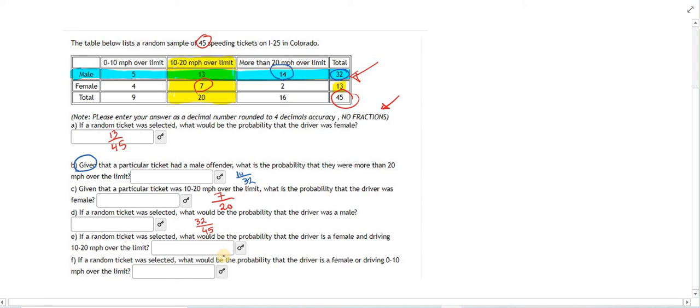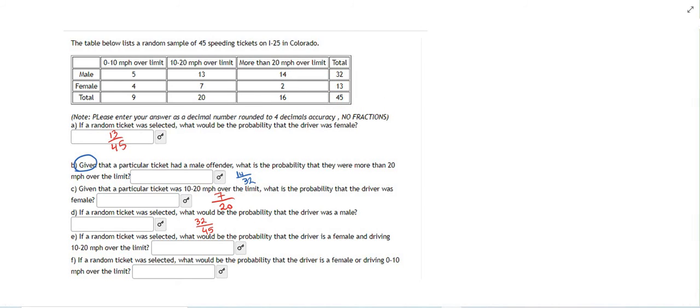The next question. If a random ticket was selected, what would be the probability that the driver is a female and driving 10 to 20 miles per hour over the limit? So let me erase everything now. I want the probability that the driver is a female and, so it satisfies both of these conditions. The driver has to be a female and driving 10 to 20 miles per hour over the limit.